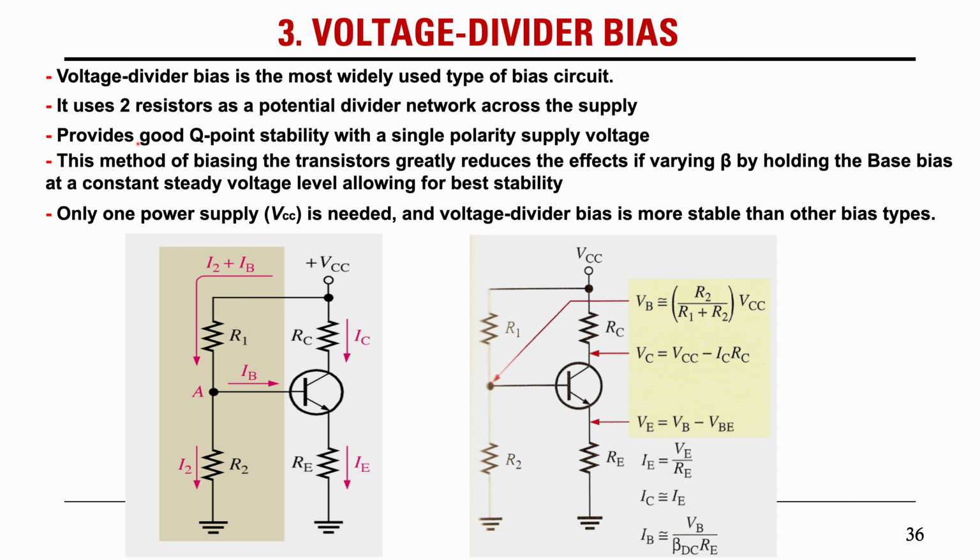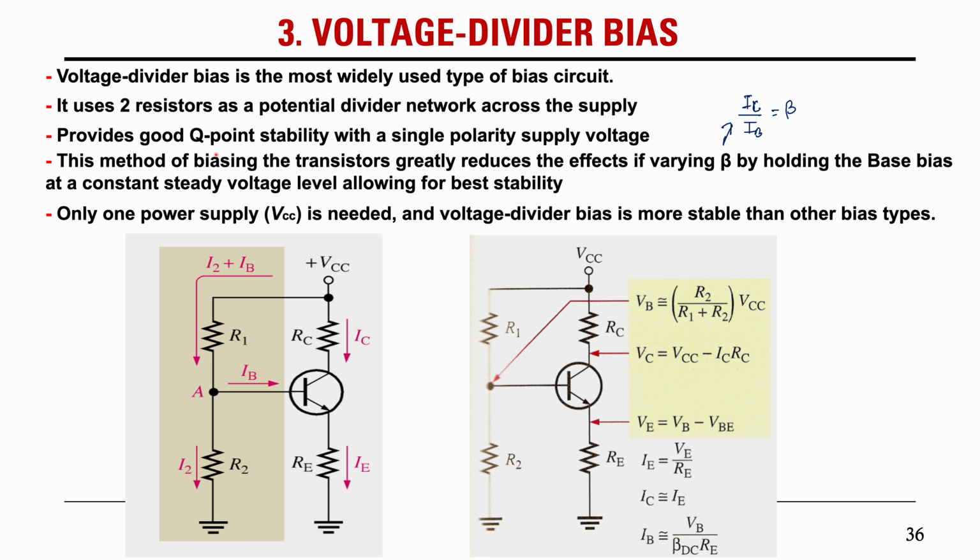What are the advantages of the voltage divider bias? It provides good Q point stability. This method of biasing the transistor greatly reduces the effects of varying beta. We know beta is equal to IC over IB, so if any of these current values vary, it will not affect the Q point.